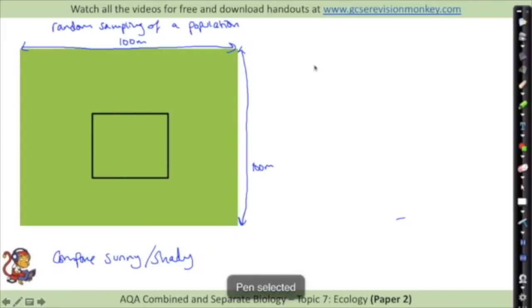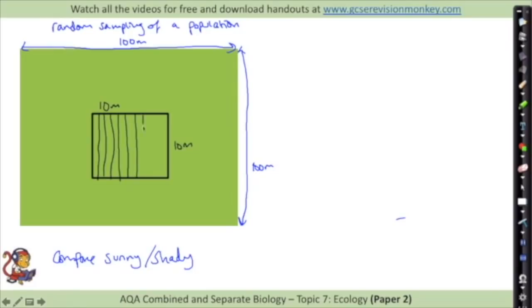It's not to scale, but for example, we could have an area that was 10 metres by 10 metres. And what you do is you divide that grid up again with string. So there we have it. We have a grid in the middle of our field, and we've divided that grid up into 100 squares.